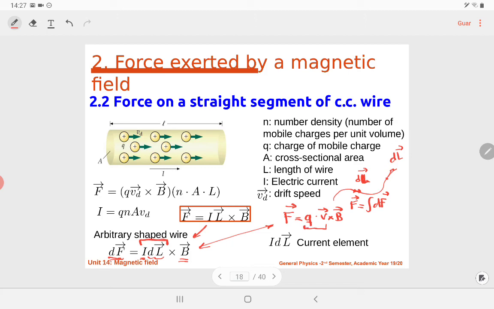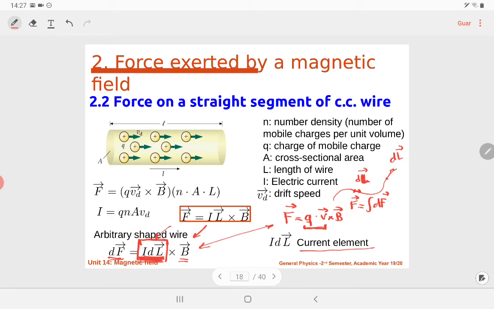So this measure of the charge and the speed and its direction for the Lorentz force for one charge, if you take a piece of wire, has the same information as this that we call the current element.